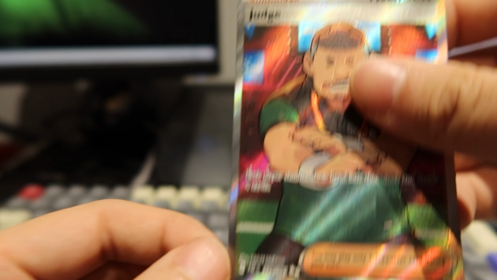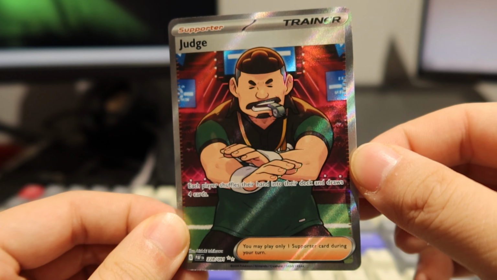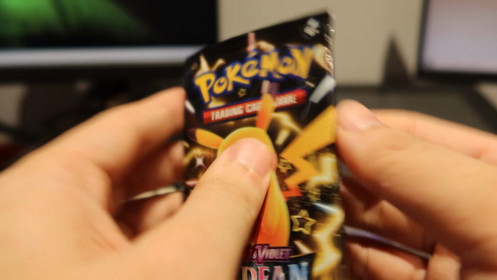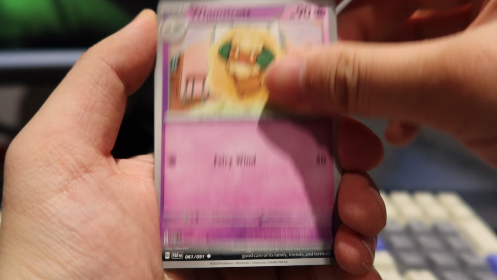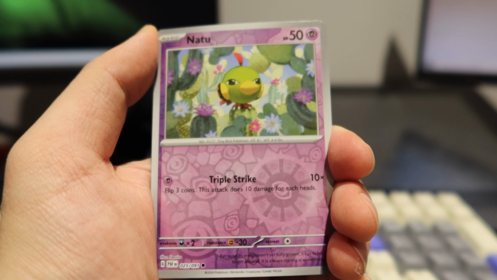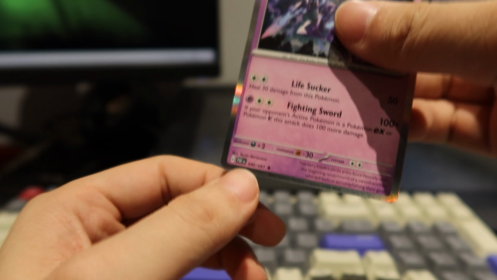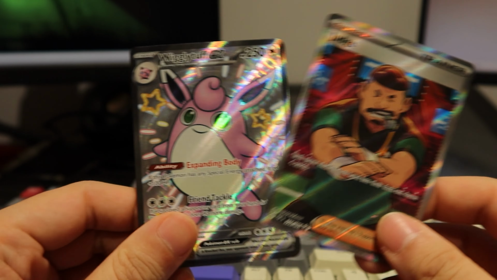Oh, Judge. This one's going to my deck. Nice. Alright, last pack, magic. And Ceruledge. Alright, these two are pretty good.